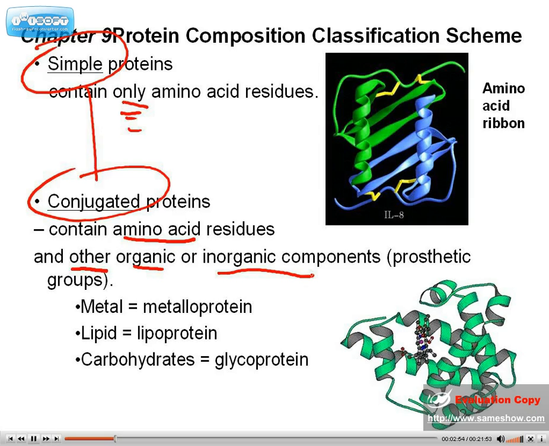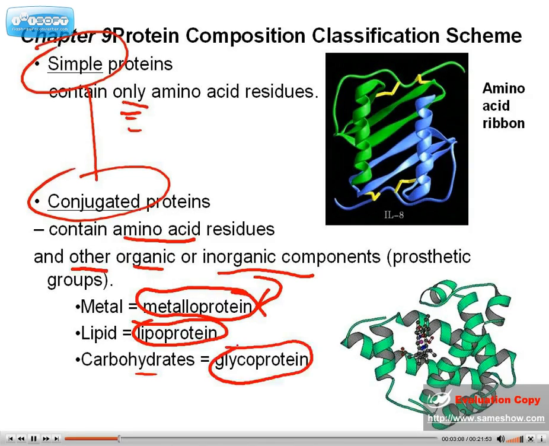If it's an inorganic, such as a metal present, we call these specifically metalloproteins. If they have a fat or lipid present, we call these lipoproteins, and if there is a carbohydrate present, then we call these glycoproteins. I could give you a picture, and I'll make it really obvious whether it's a metal, lipid, or a carbohydrate, and you'd have to let me know if it's a metallo, lipo, or glycoprotein.